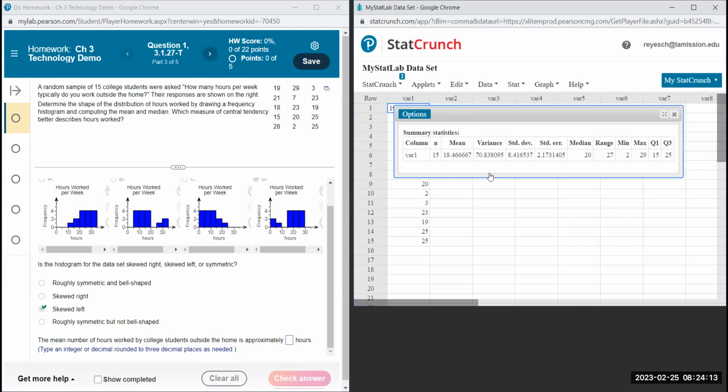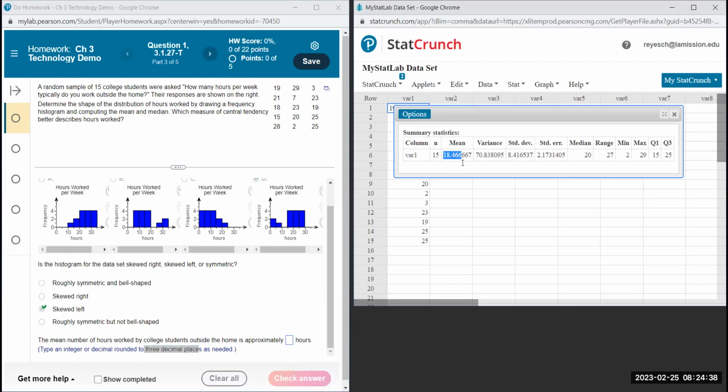Okay, but they want the mean here. And then always read to what place you want it rounded to, because that's a common error: students are using the right numbers, but they're rounding to the incorrect position. So we want 3 decimal places, so 3 numbers behind the decimal point.